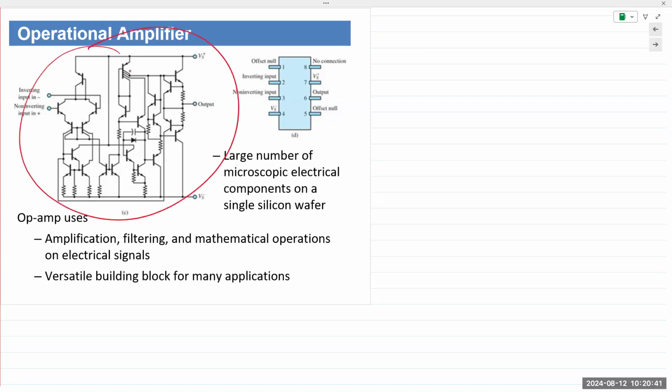So this here is the circuit layout of one of the most popular op amps ever. It's called the IC741. The integrated circuit, which has the model number 741. This is also the IC that you use in the lab. This is also the IC that I used as a student more than 30 years ago.